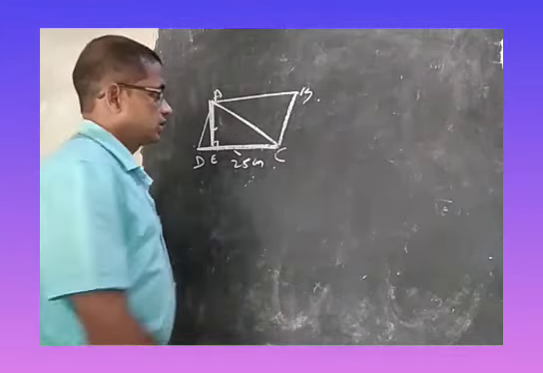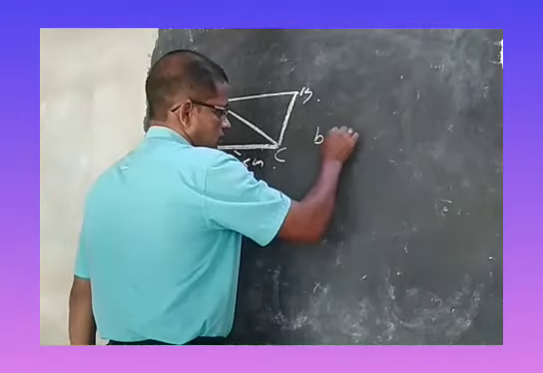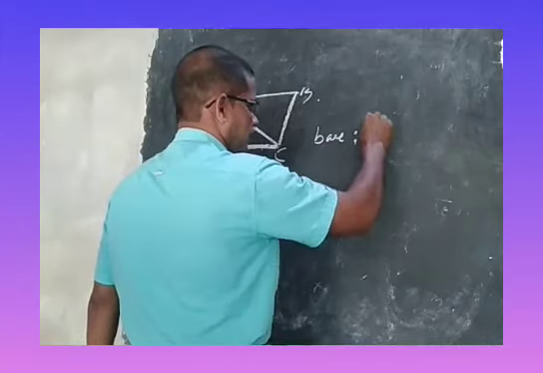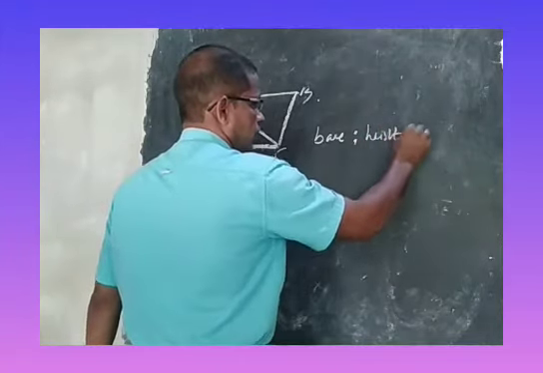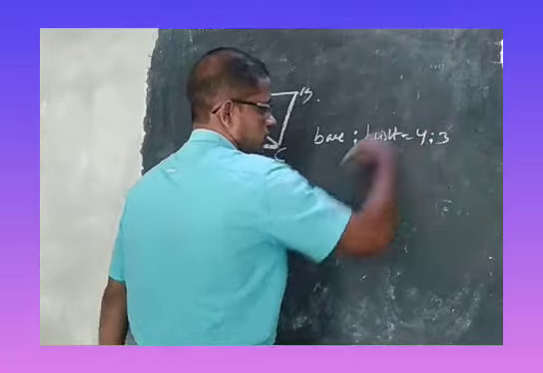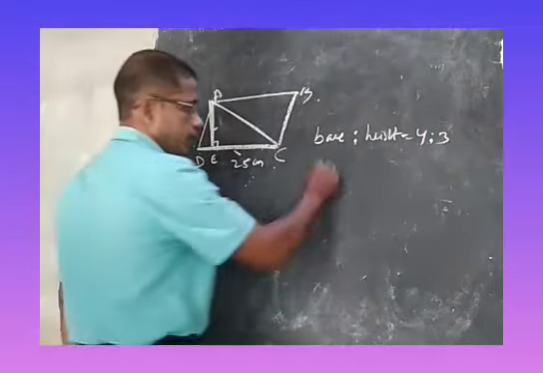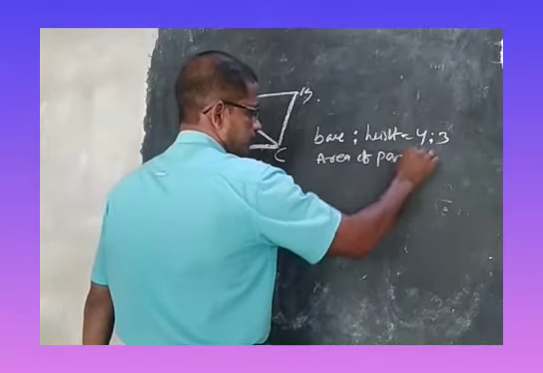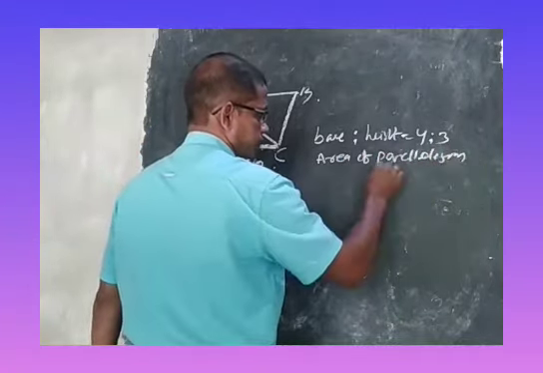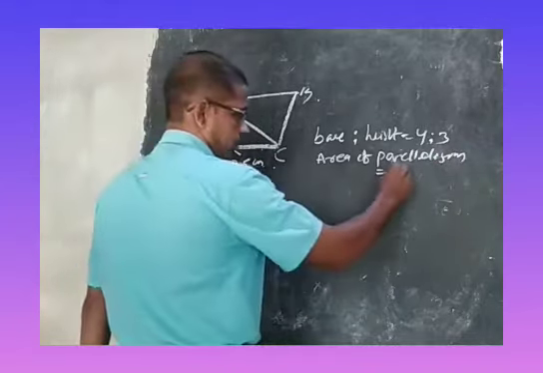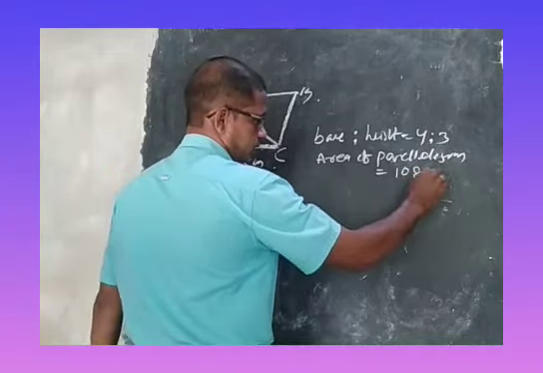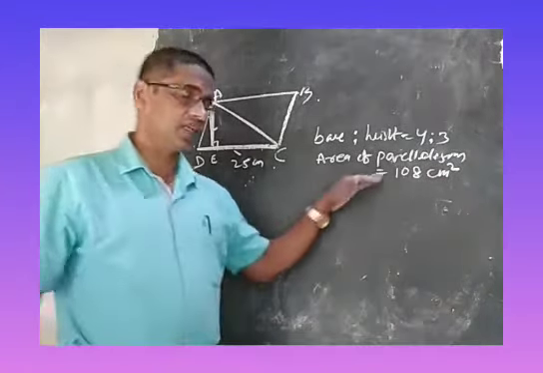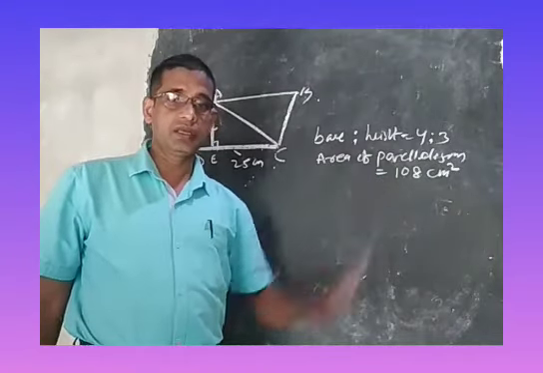Here the question is: ratio of base to height equal to 4:3, and area of parallelogram equal to 1080 square centimeter. Then find out the base and height of the parallelogram.